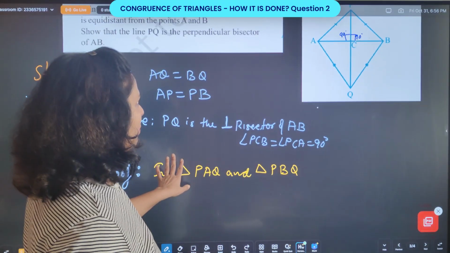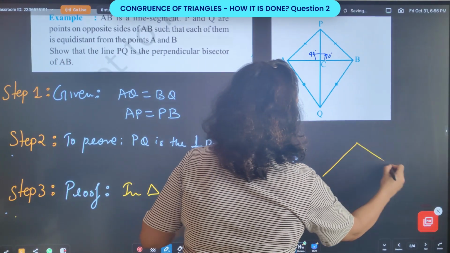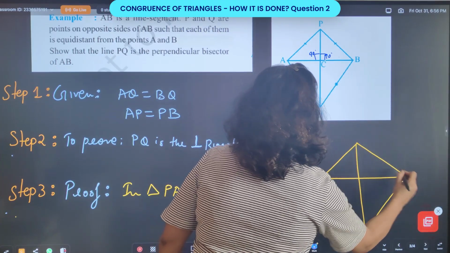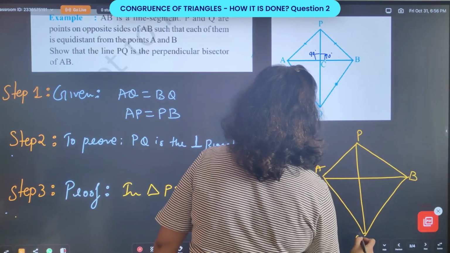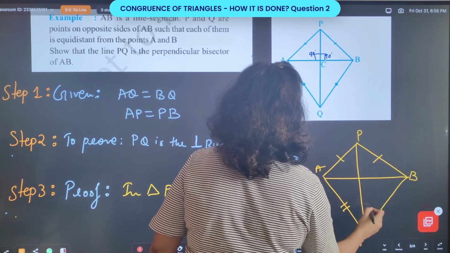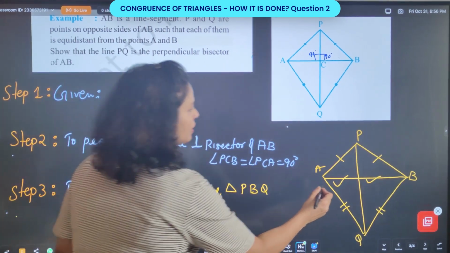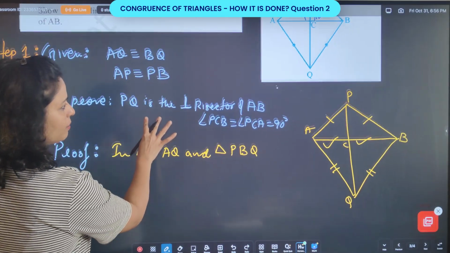I can draw it for you again here and explain. I am taking these two triangles. This is C. Now I am going to prove the congruency between these two triangles.